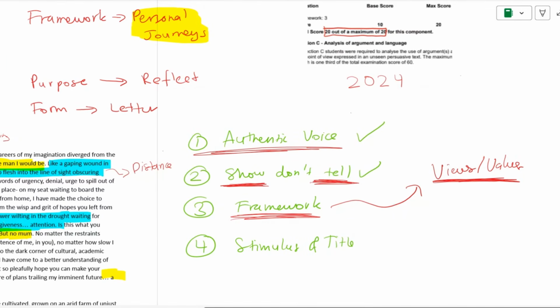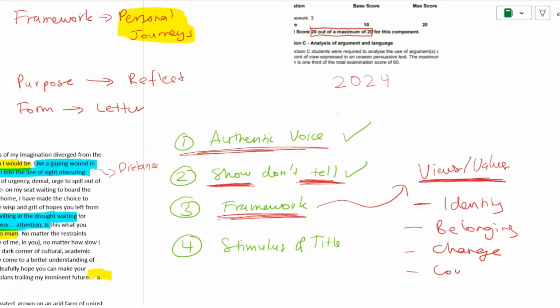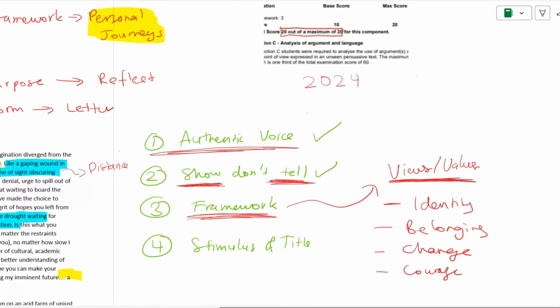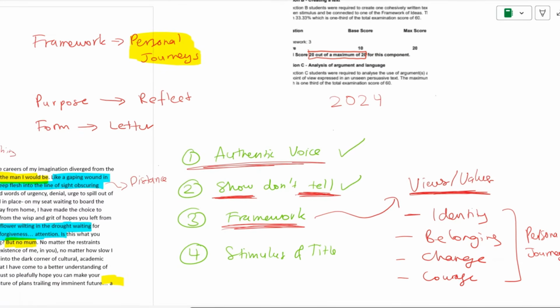And views and values is basically just another way of saying what are the smaller ideas that come from the framework. So for instance, for personal journeys, a very strong view and value is identity. There is definitely a lot of belonging, even change, courage. Those type of things are very inherent to personal journeys, and it would be quite weird almost if you didn't include any of those things into your writing.